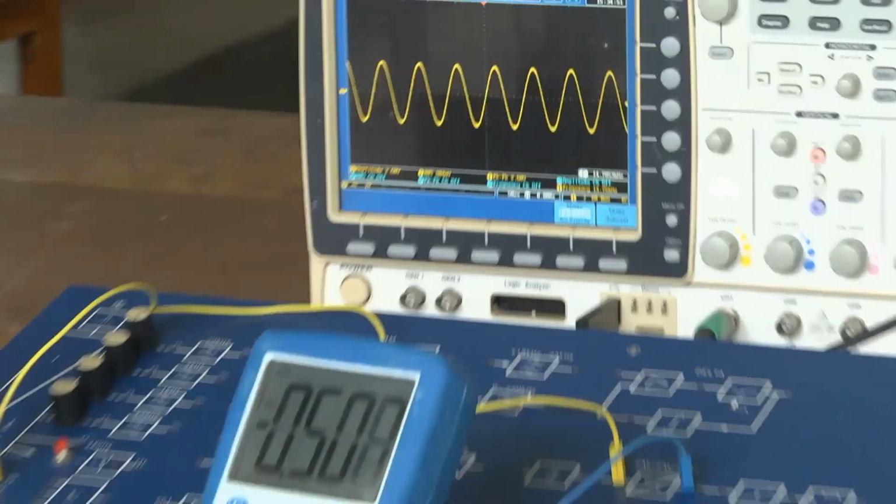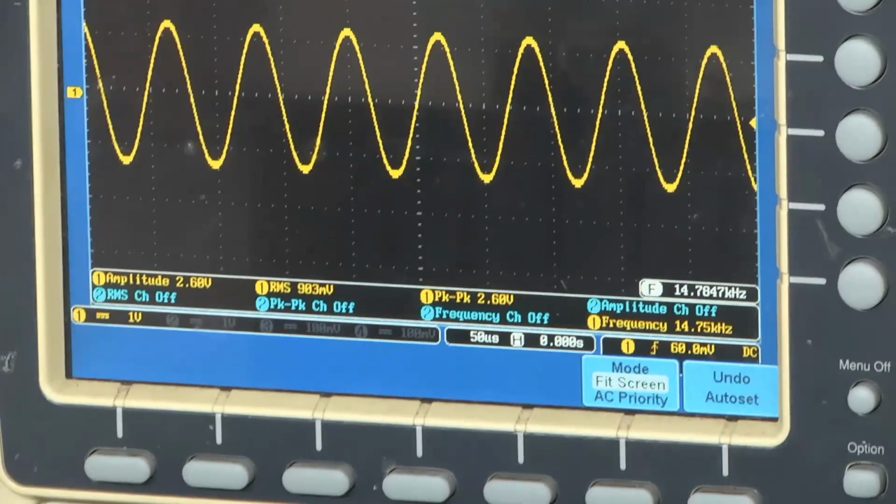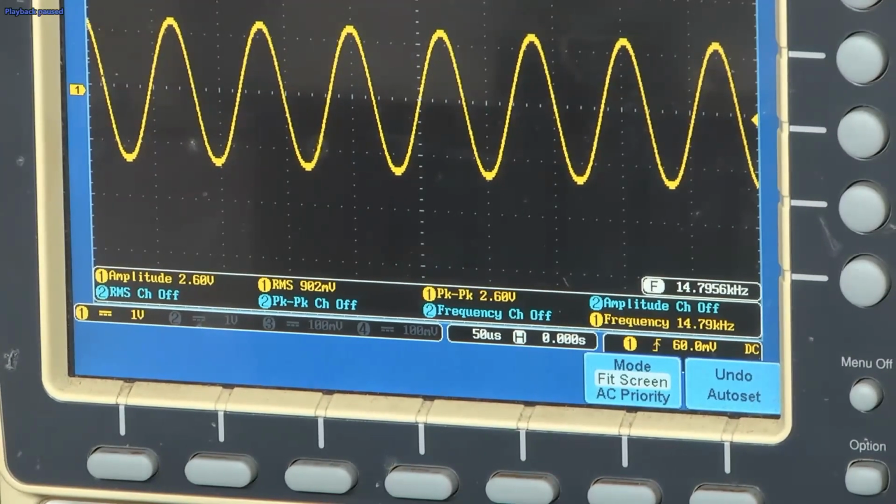Now it's approximately minus 0.5 volts. So you can see what the output frequency is. From here you can see what the frequency is.